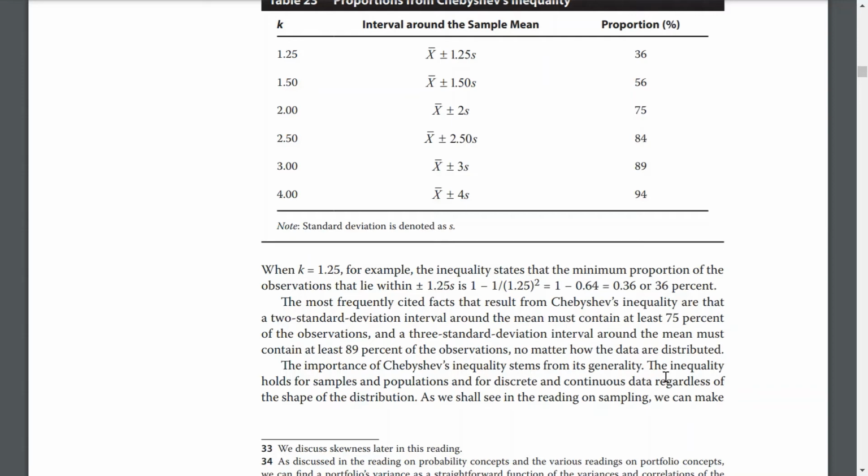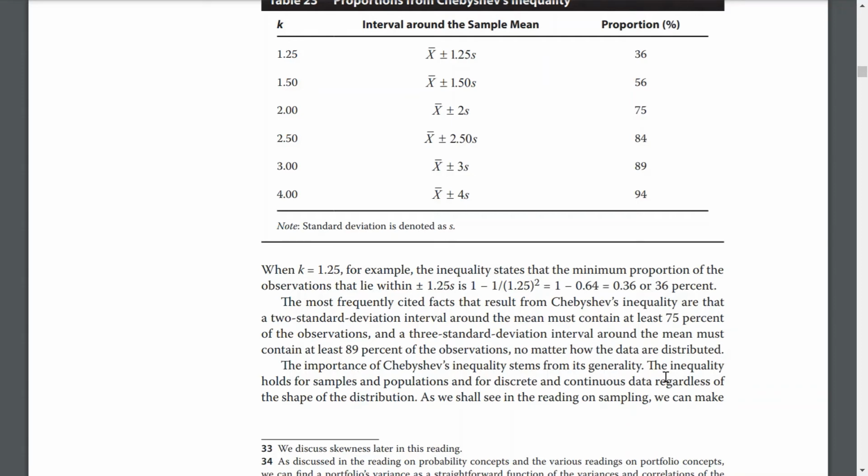The most frequently cited facts that result from Chebyshev's inequality are that a 2 standard deviation interval around the mean must contain at least 75% of the observations, and a 3 standard deviation interval around the mean must contain at least 89% of the observations, no matter how the data are distributed. The importance of Chebyshev's inequality stems from its generality.